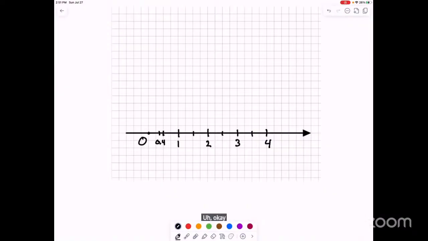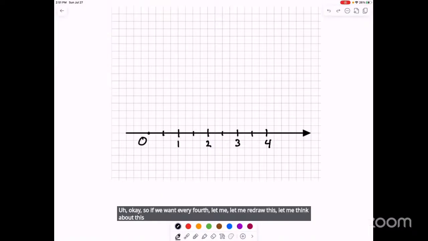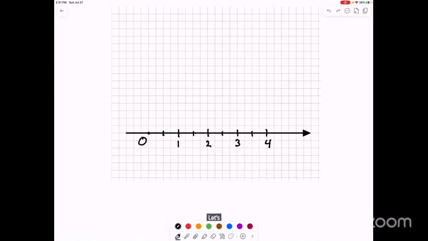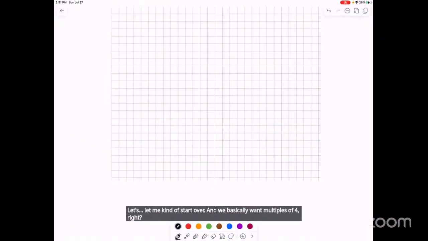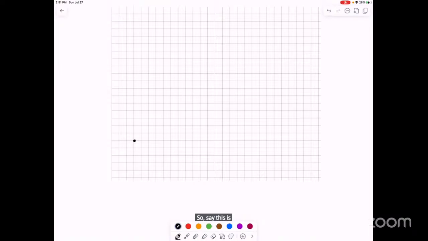If we want every fourth, let me redraw this, because we want multiples of 4. Let me start over. Say this is my origin.